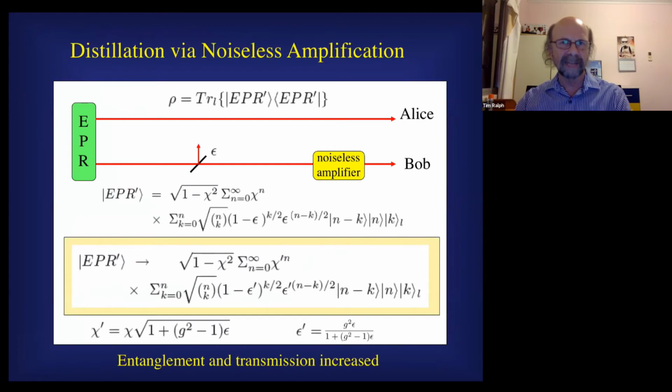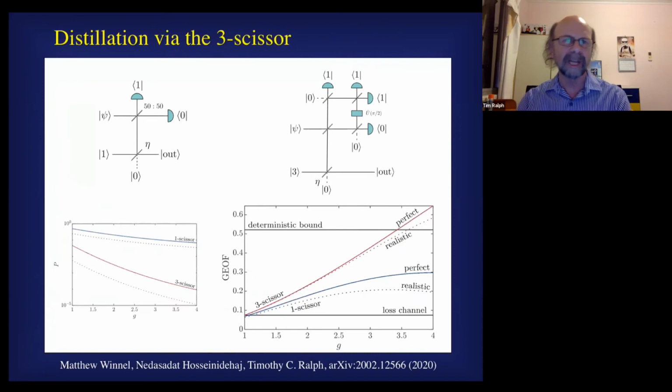Another way to evaluate how well this works is to look at this distillation protocol. So we're going to consider an EPR state where one arm has gone through some loss, and then we're going to noiselessly amplify it and compare what happens with the 1 scissor and the 3 scissor.